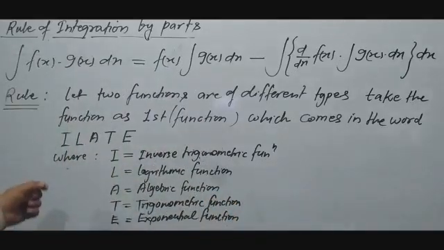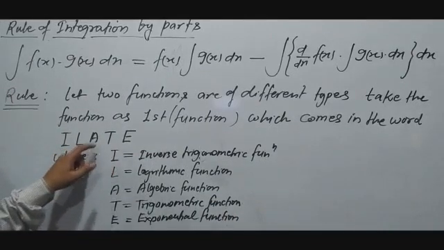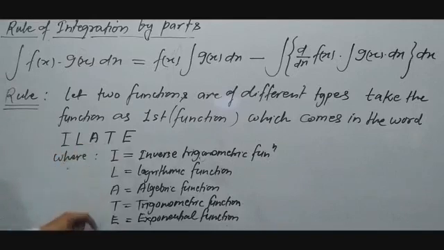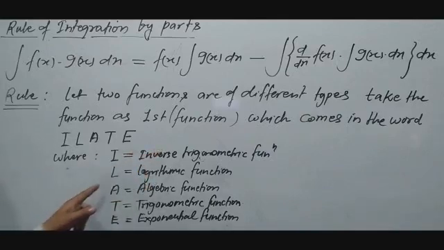So there are 5 letters in ILATE, with 5 pieces of information. I stands for inverse trigonometric function, L for logarithmic function, A for algebraic function, T for trigonometric function, and E for exponential function.